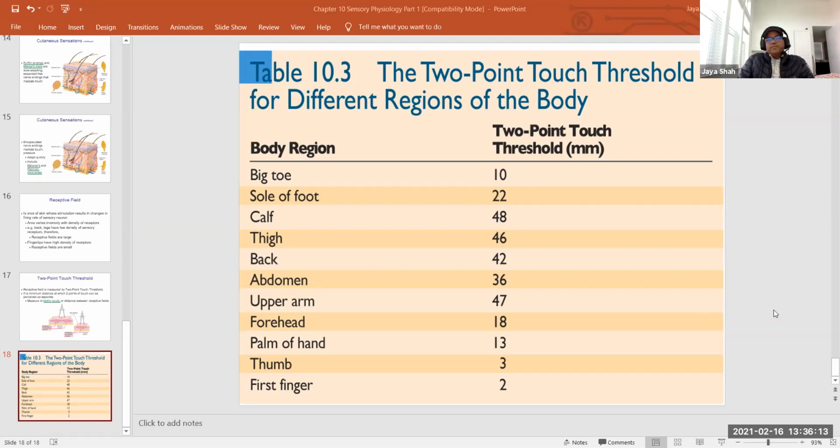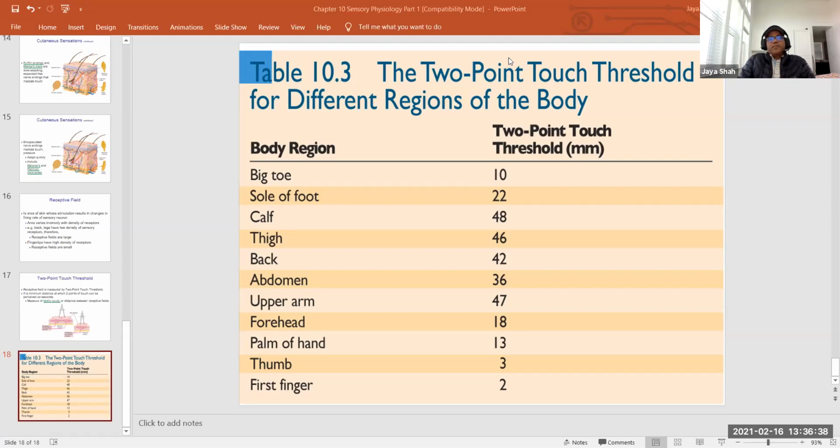Okay, Fatima, tell me which region of the body has the highest 2-point touch threshold? The upper arm. I mean, sorry, the calf. The calf. Okay. Thank you.